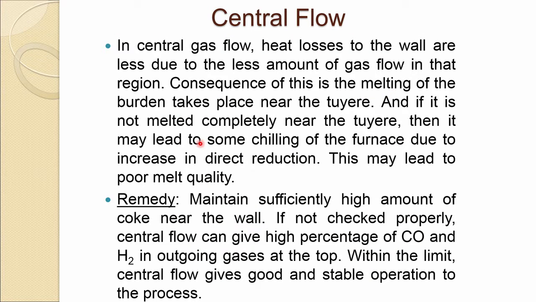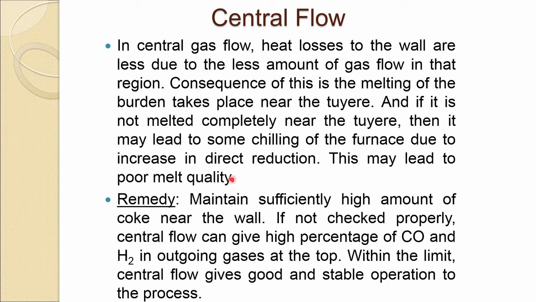Now, in central gas flow, heat losses to the wall are less due to the less amount of gas flow in that region. Consequence of this is the melting of the burden takes place near the tuyere, and if it is not melted completely near the tuyere, then it may lead to some chilling of the furnace due to the increase in direct reduction, and this may lead to poor melt quality.